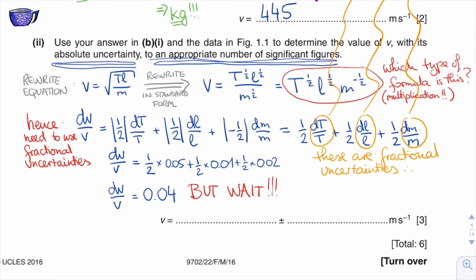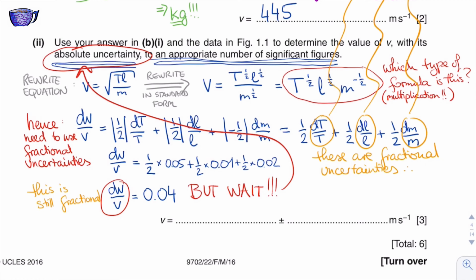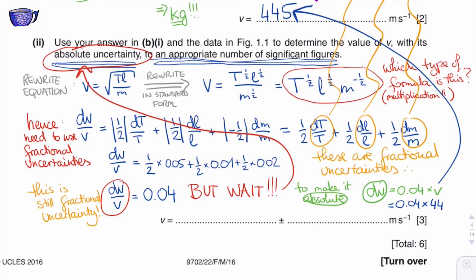But wait, the question wants us to get absolute uncertainty, whereas we still have fractional uncertainty. So what we need to do now is multiply 0.04 times v, which is the value that we calculated before, 445, to get our dv, so the change in v, or the absolute uncertainty in v.